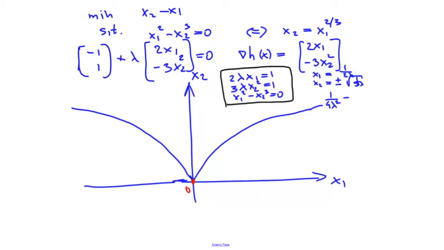The first case will be plus square root of 1 over 3 lambda, and the second one will be minus square root of 1 over 3 lambda. So let's consider plus first. We'll have 1 over 3 lambda to the power 3/2. So this is 0. So we have 3 lambda to the power 3 over 2 equal to 4 lambda squared. All right.